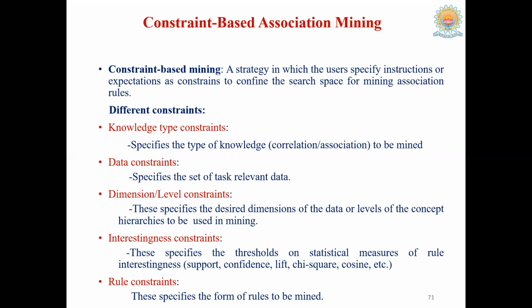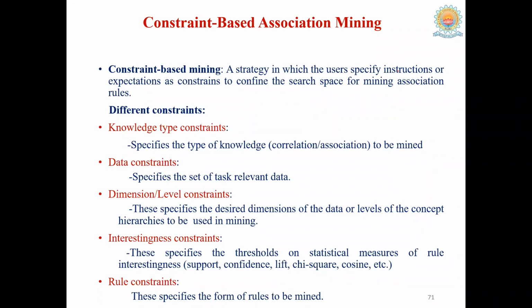Like this, here also we have certain constraints on the rules you need to mine, which confine the search space for the mining process. We have different constraints: knowledge constraints, data constraints, dimensional or level constraints, interestingness constraints, and rule constraints.